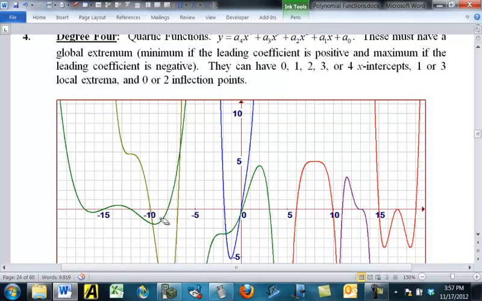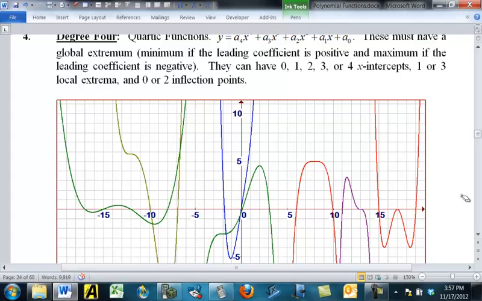And if you do that, in between the roots, you're going to get a max or a min, and you'll get 2 of one and 1 of the other, so 2 mins and a max, or 2 maxes and a min. And so you get 3 extrema. Between the extrema, you get inflection points, so you have 2 inflection points. So what do you have? 4 roots, 3 extrema, 2 inflection points.